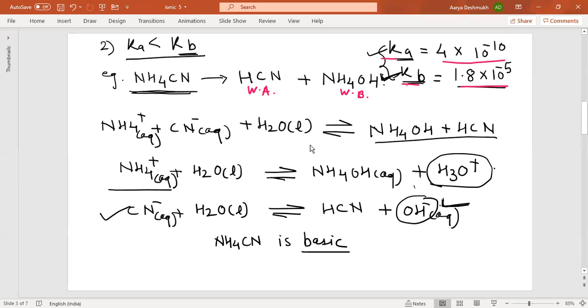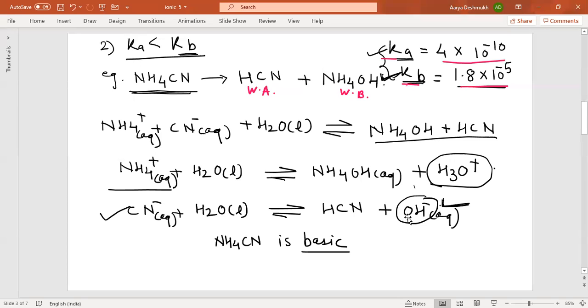Now you can write the reaction for this also. NH4 plus and CN minus undergo hydrolysis, and NH4OH and HCN are formed. You can write the separate reaction for each of these ions. Ammonium ion plus H2O will give NH4OH plus protonium ion. And this cyanide ion reacts with water molecule to give HCN and OH minus ion.